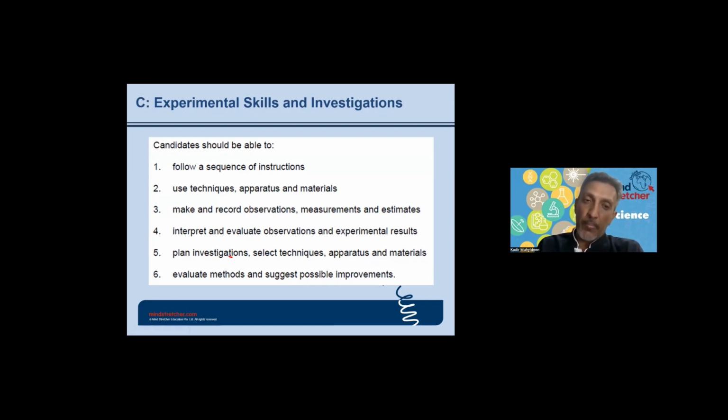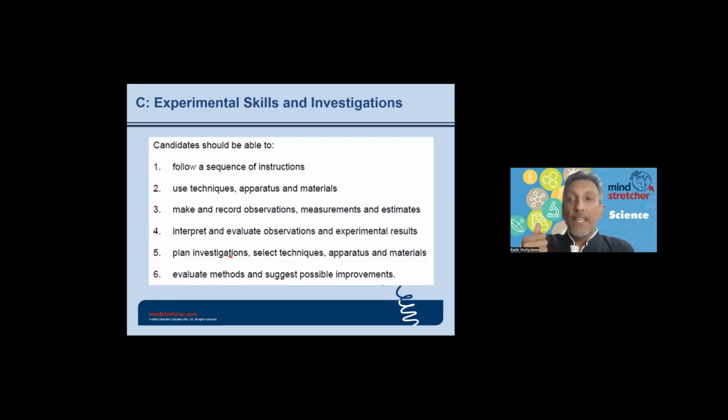How do you make and record observations? And what do we interpret from the observations or results? Like when you plot a graph, how do you interpret the graph? Of course, you also maybe calculate the gradient and all those things. I'm talking specifically for physics, but this can apply to chemistry or bio.